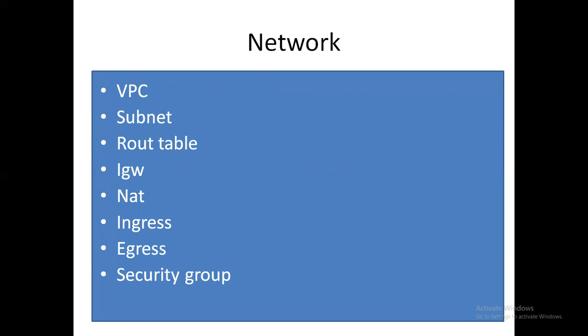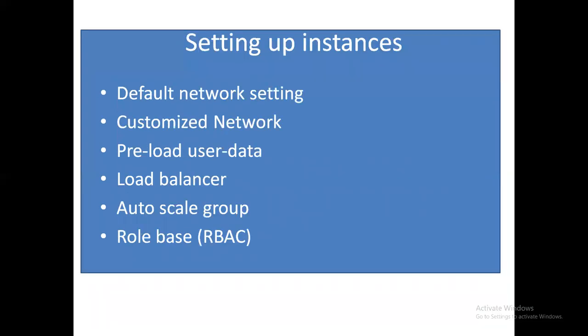Whether you're using NAT gateway or not, you must declare your ingress or your egress in your security group. Then setting up an instance: use your default network setting or customize network, preload user data, load balancer, auto scaling group, and role-based access control. Like I'm talking about IAM, as a role-based access control and all that stuff.